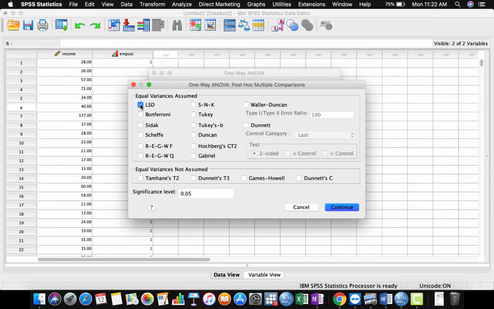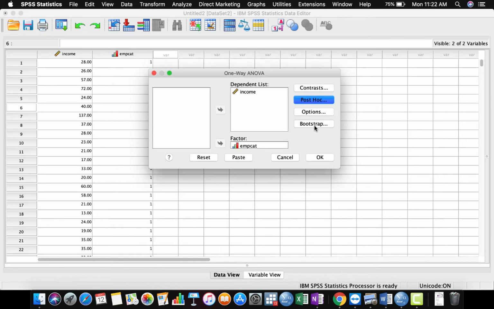But now the third assumption is not met, so we cannot use equal variance assumed. My advice is to go to equal variance not assumed. So you can click on Dunnett's C, click Continue, and click OK.